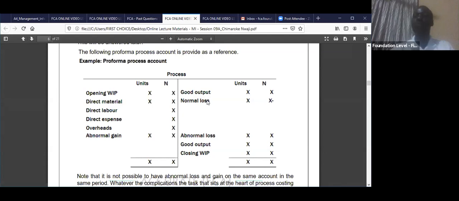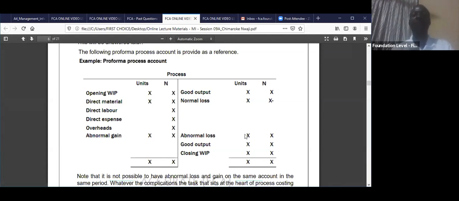You bring them out of the fire, and one or two might get damaged by handling. And at the end, you're expecting the total not to be more than 10. You're expecting a normal loss of 10. So that is it. Now, abnormal loss comes as a result of something you are not expecting.